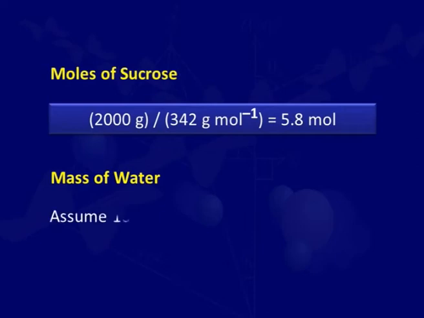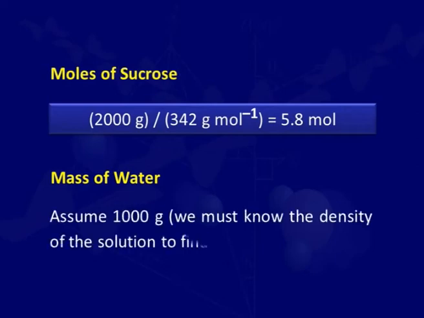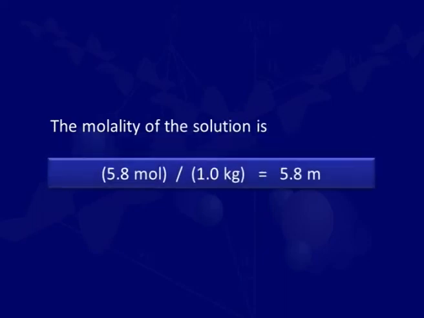Mass of water, we have assumed 1000 grams because we know the density of water, which is equal to 1 gram per ml. The molality of the solution will be equal to 5.8 divided by 1 kg of water, which is equal to 5.8 molal.